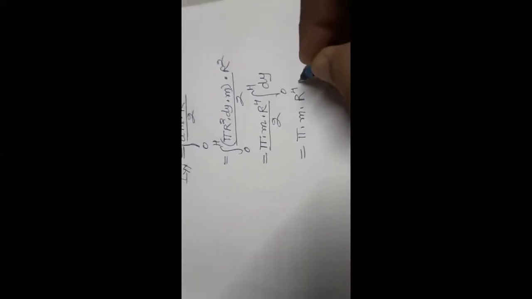So this will be equal to pi into m into r to the power 4 into y with limits 0 to h, divided by 2. Now putting limits, pi m r to the power 4 into h divided by 2.